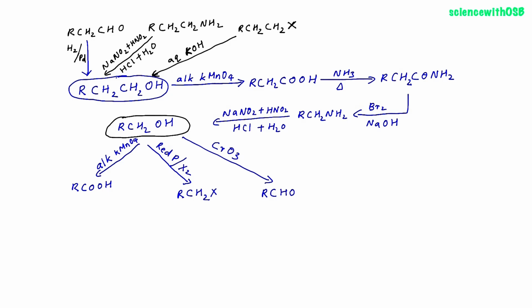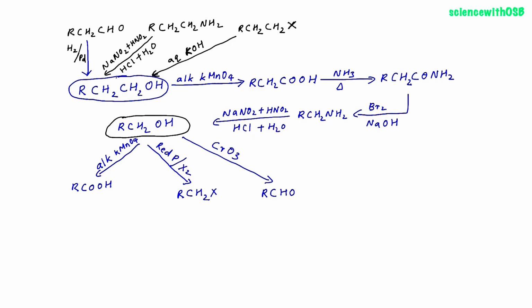Now, how to use this trick? If you want to find the lower homologue of aldehyde, you have to start from here. This is aldehyde, right? Reduce it to alcohol, oxidize it to carboxylic acid, then adding ammonia and heating you will get amide. Follow the Hofmann bromamide reaction, you will get amine.